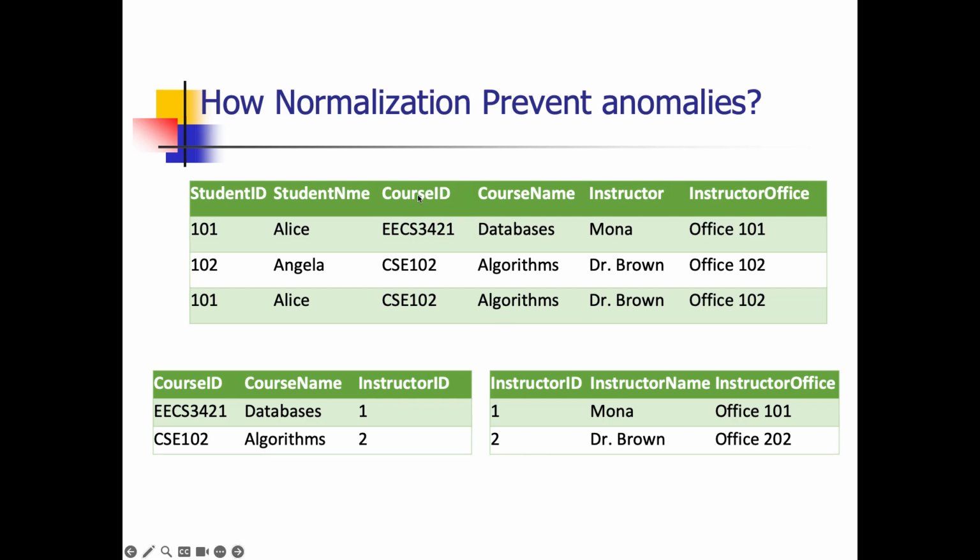So here, for instance, it just separated information about the course, as you see. You have course information in a separate table, instructor information in another table. It should also have a student table, right? Maybe it's just due to the lack of space, but you also have a student table somewhere.